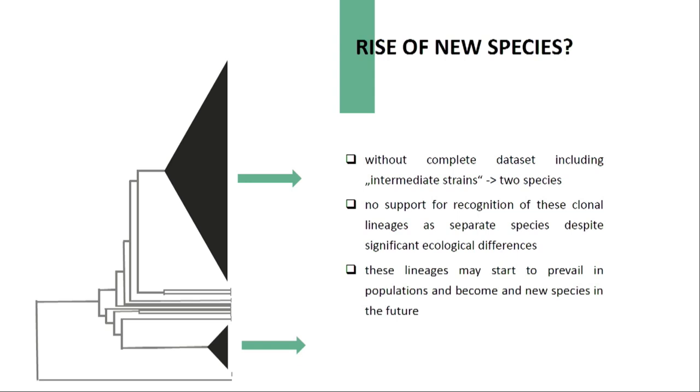The thing is that the study of Heidemann was good, but he didn't consider these intermediate genotypes. So we cannot really say that these two clonal lineages are different species, because there are still some intermediate strains which have intermediate morphology, and they are not clearly separate from each other.